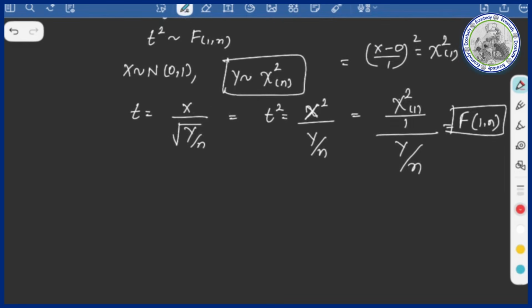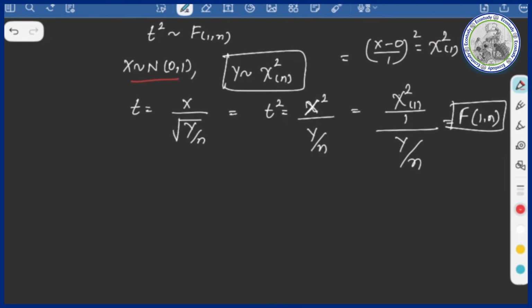Let me explain it once more. Suppose x follows normal 0 1 and y follows chi-square distribution with n degrees of freedom. So what is the t distribution? t is the ratio of the standard normal variate divided by the square root of chi-square divided by its degrees of freedom.